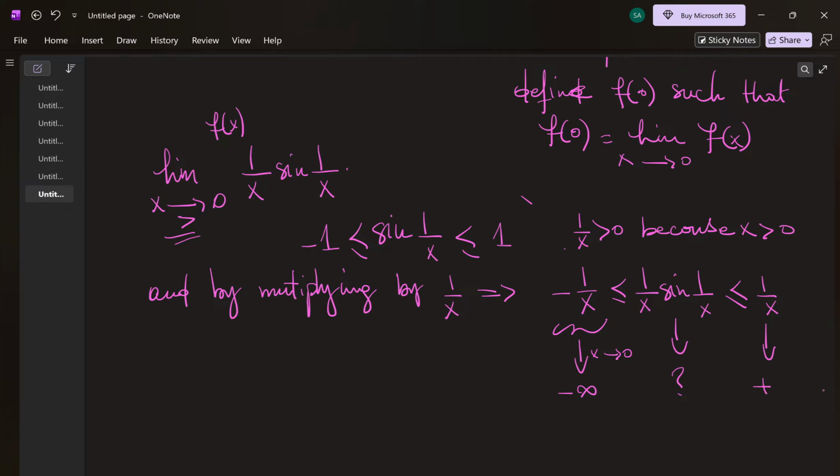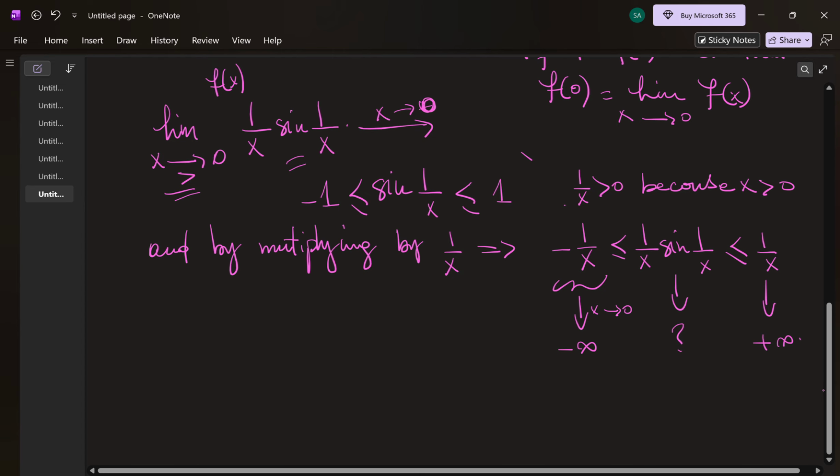So, who has an idea on the limit of this function when x goes to 0? Do you have any idea?